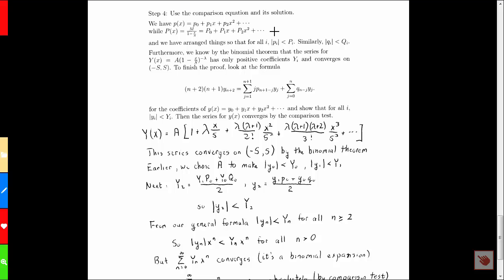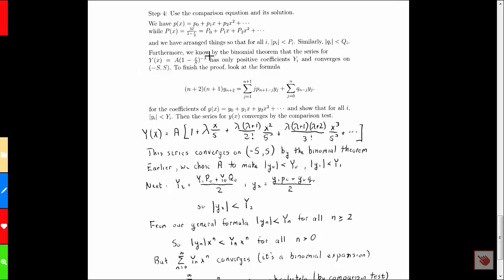And we made M large enough that for each subscript, the absolute value of little p sub n is less than capital P sub n. Similarly, we arrange things so that the absolute value of little q sub i is less than capital Q sub i for all values of i.